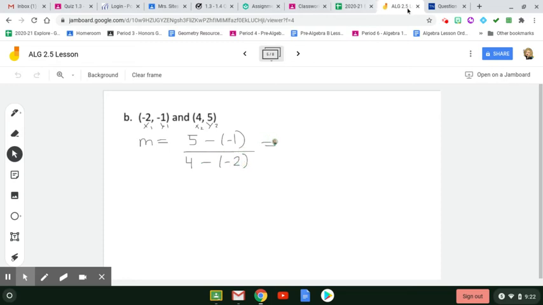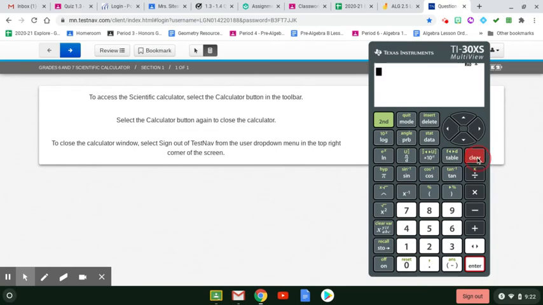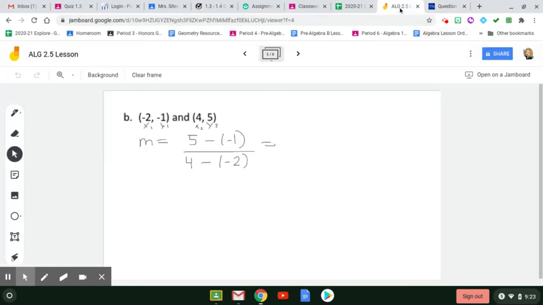Okay, and again, you can just plug that all right into your calculator if you use the fraction button. So 5 minus -1 up top, and then the bottom, 4 minus -2 on the bottom, and that's giving me a slope of 1. So I'm going to write that down.